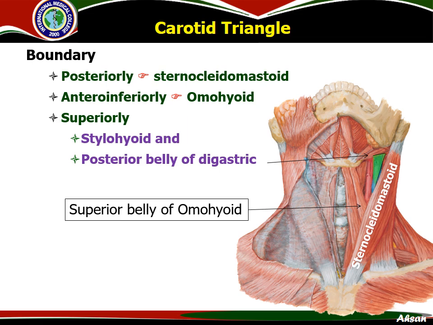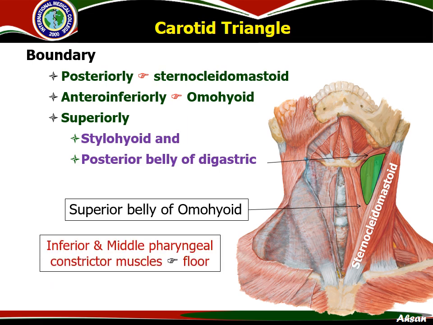This area is shown by the shading and the line on the left side of the figure. The floor is formed by the inferior and the middle pharyngeal constrictor muscles.